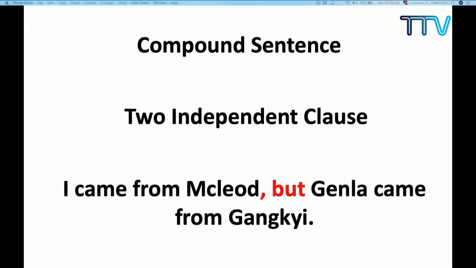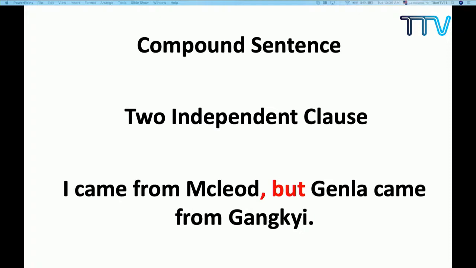You see two simple sentences. I came from McLeod. According to the definition, do you think this is a simple sentence? Yes, because it has a subject, a verb and an object. A compound sentence is when you join two independent sentences.